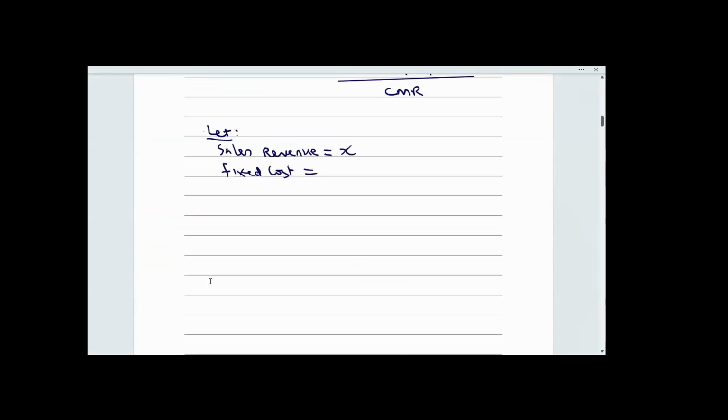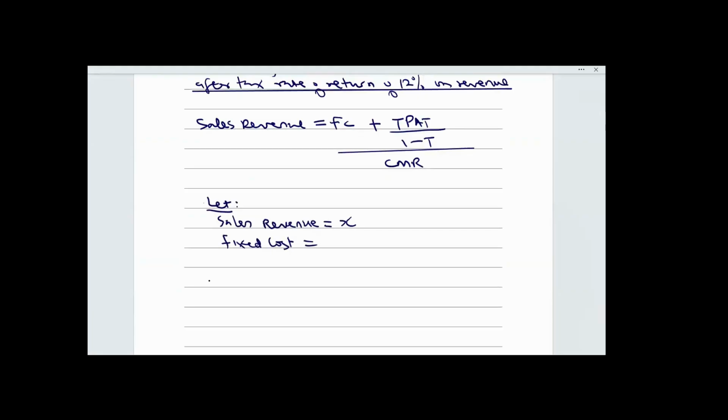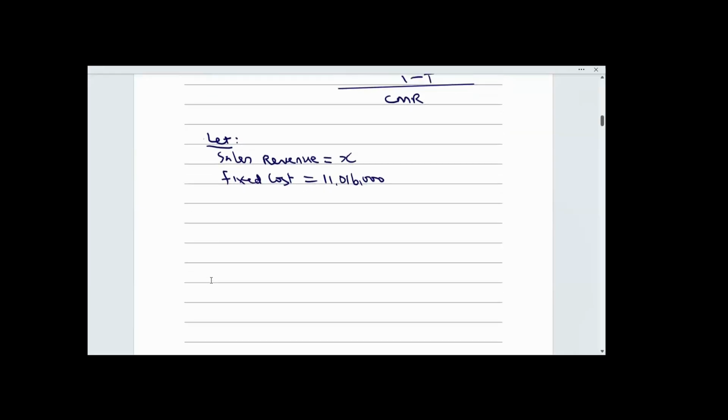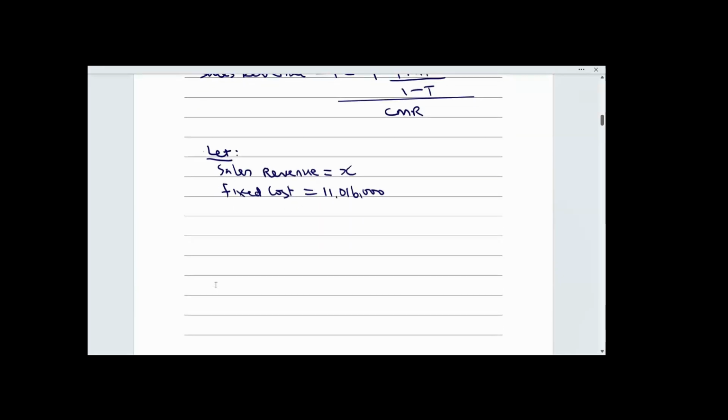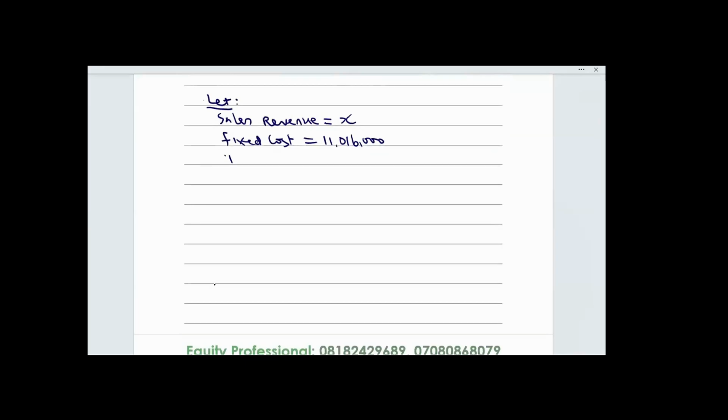So the revised fixed cost is 11,016,000. Let's write out everything in full. Then the targeted profit after tax, you want to earn a rate of return of 12% after tax. So targeted profit after tax equals 12% of X. You know, it's 12% on the revenue.